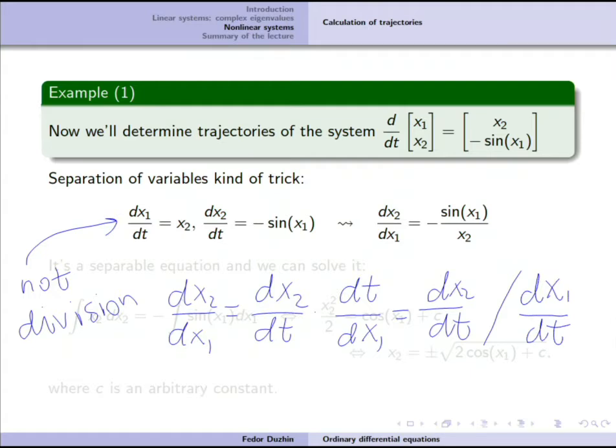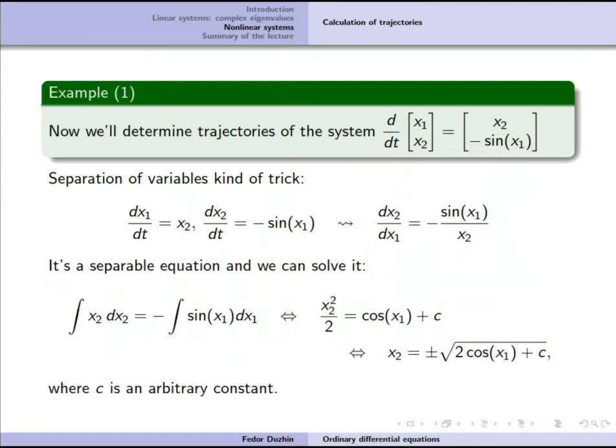That's how we can do it. But then this equation on x1 and x2 is a separable equation, which means we can solve it.